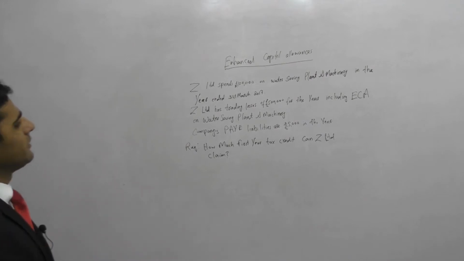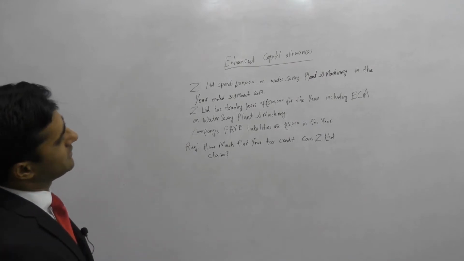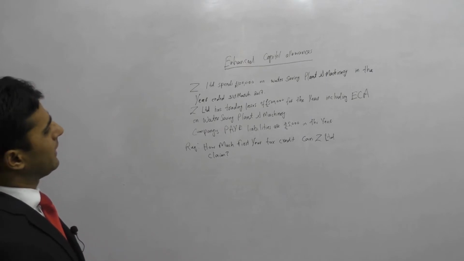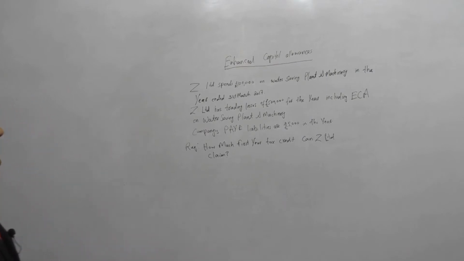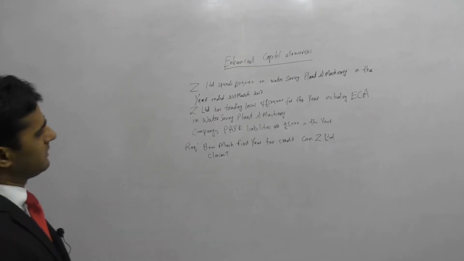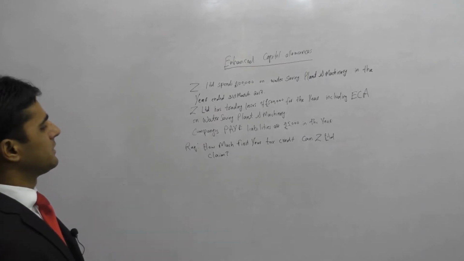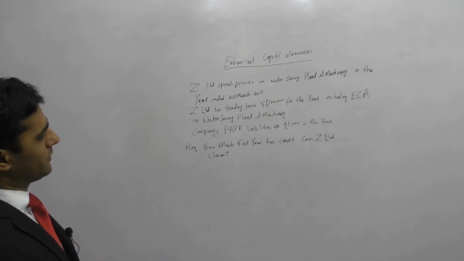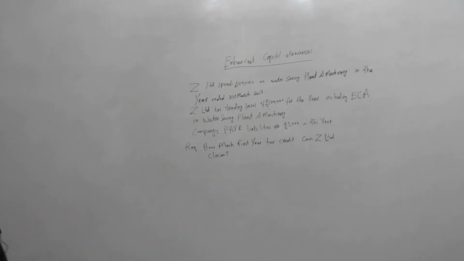Then it says a company's pay as you earn liabilities are £15,000 in the year, and the requirement is how much first year tax credit can Z Limited claim?